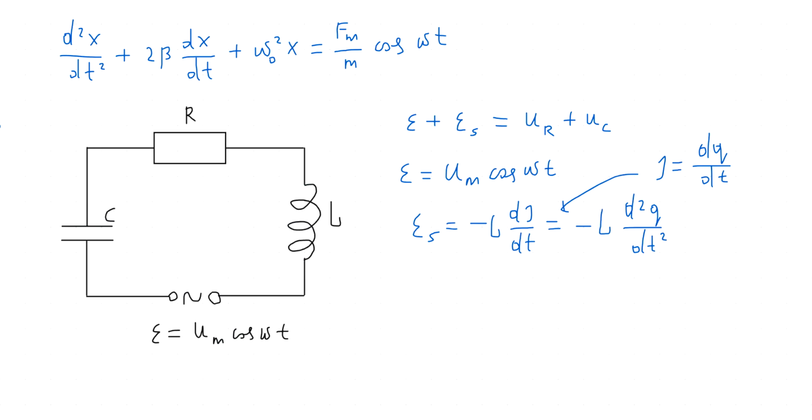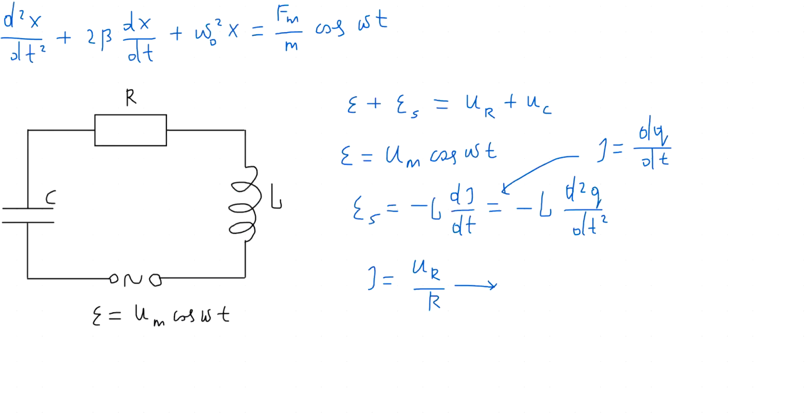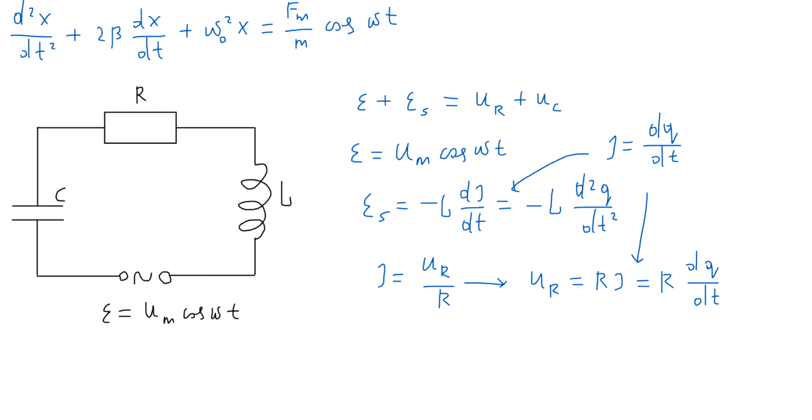According to Ohm's law, electric current is equal to UR divided by R, so from here we have UR is equal to R multiplied by electric current, and it will be R dq dt.